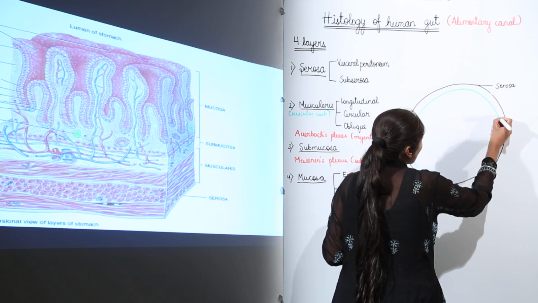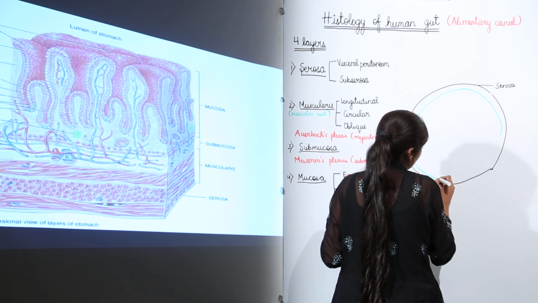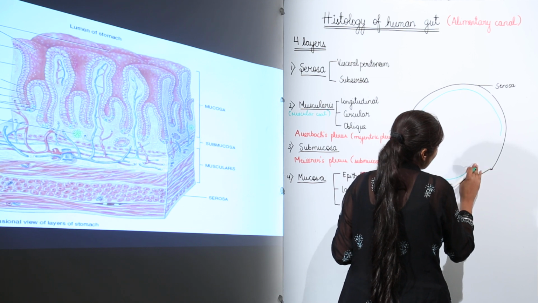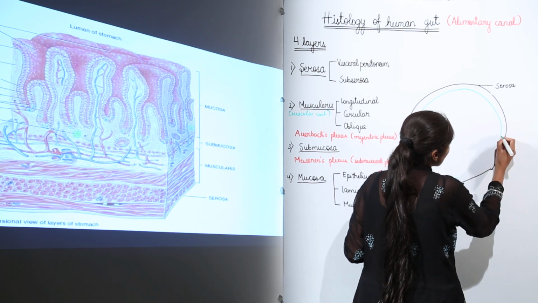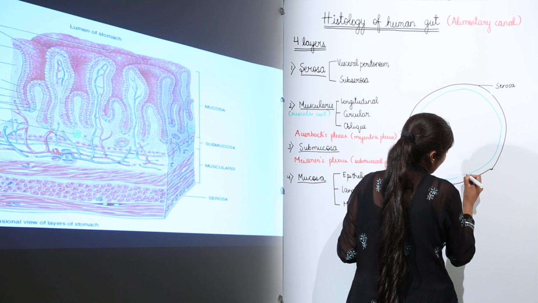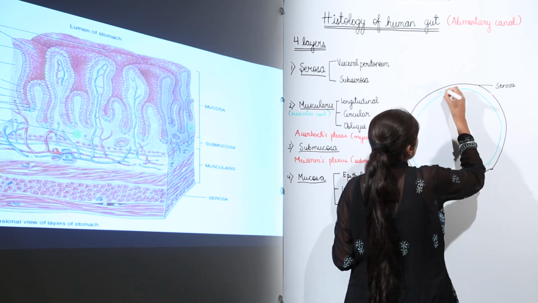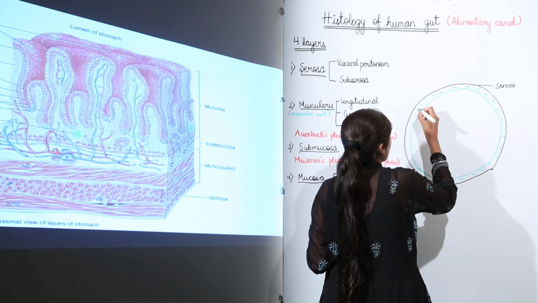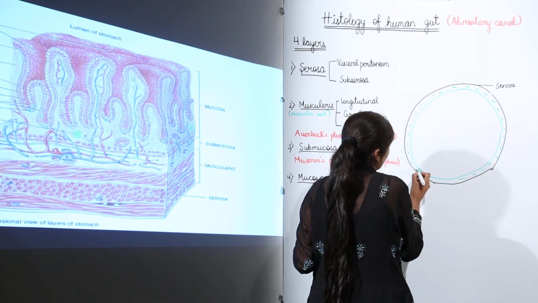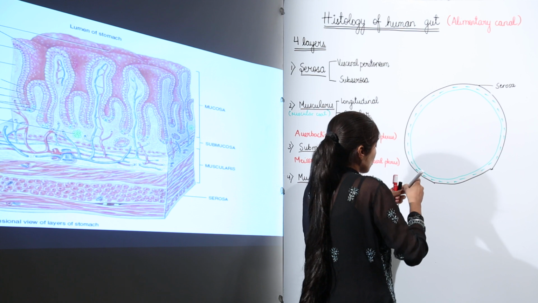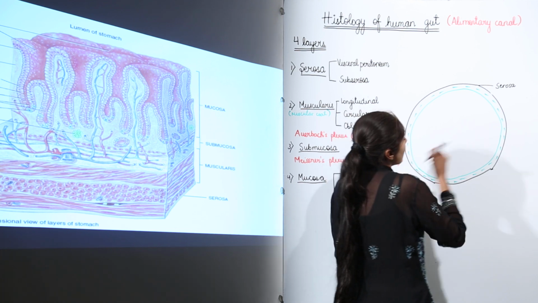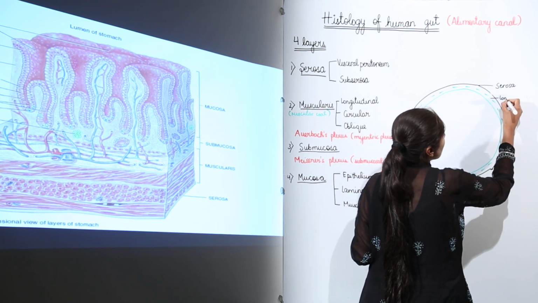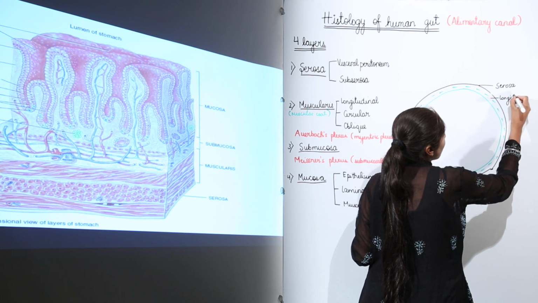Firstly we have the longitudinal muscle layer, right? So you can just draw this like this. We'll just label this: this is the longitudinal muscle layer.